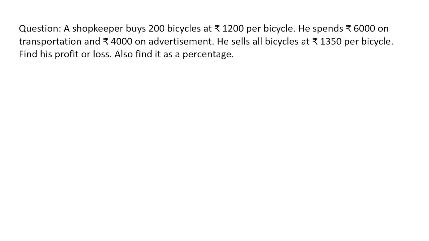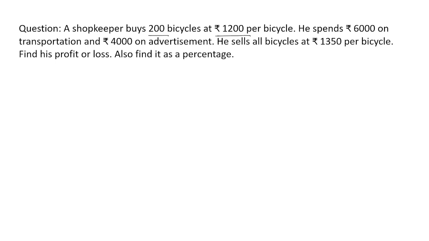Now this question: a shopkeeper buys 200 bicycles at rupees 1200 per bicycle. So 1200 for each bicycle, but he buys a total of 200 bicycles.